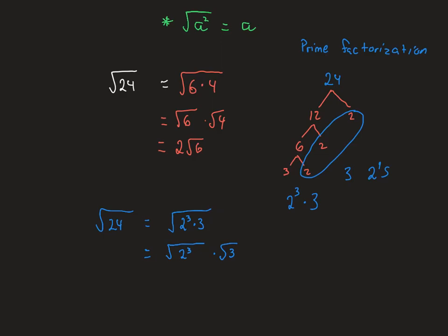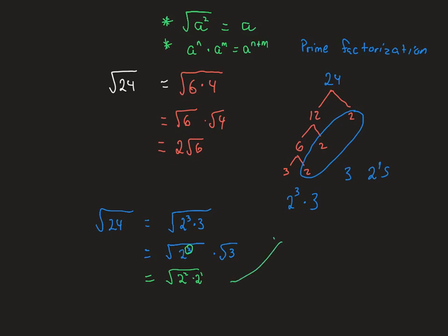So here I have 3 2's. So I know this is the same thing as saying 2 to the 2 times 2 to the 1. As another reminder, if I have a to the n times a to the m, this is the same thing as saying a to the n plus m.